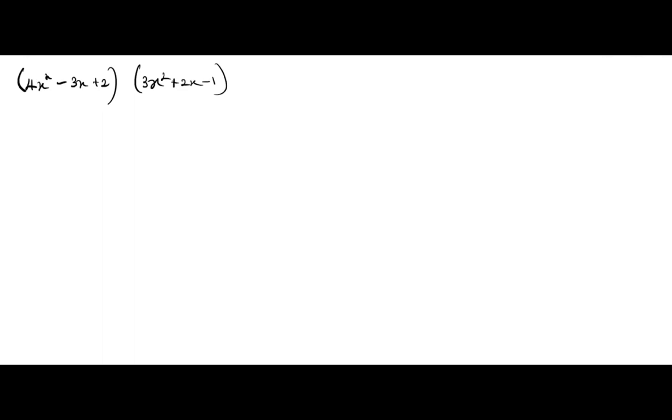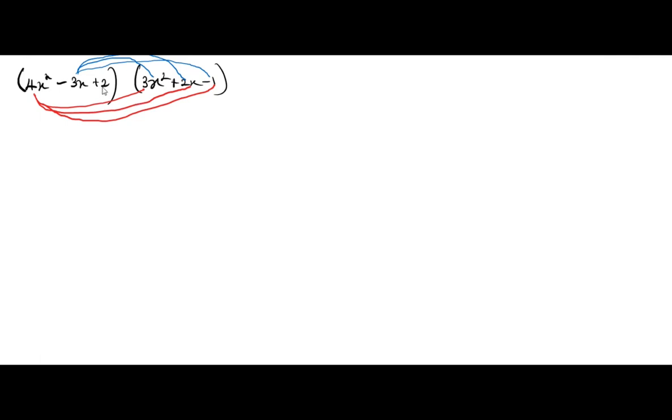So this term will multiply this, use this to multiply this, use this to multiply this, then I'll use this to multiply this, this to multiply this, then this to multiply this other term.